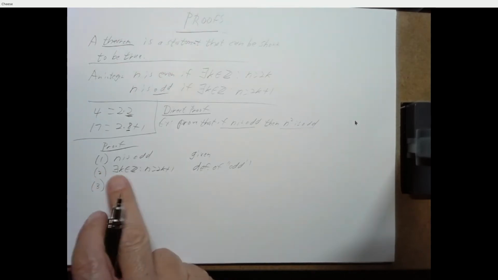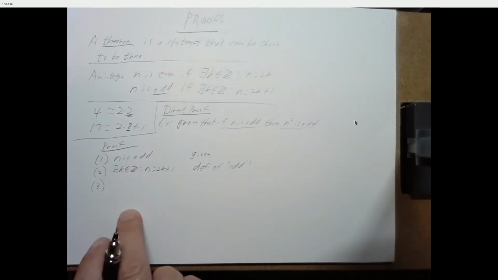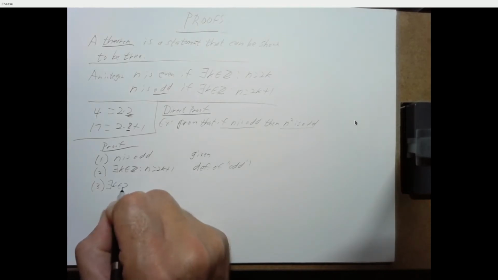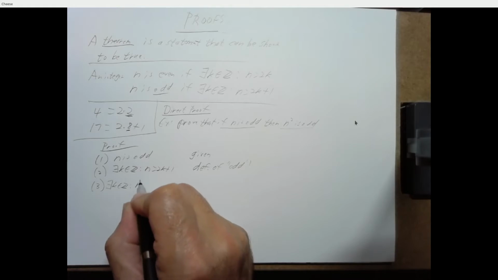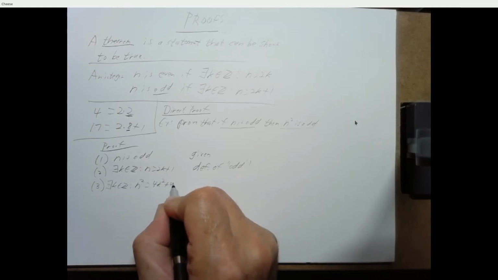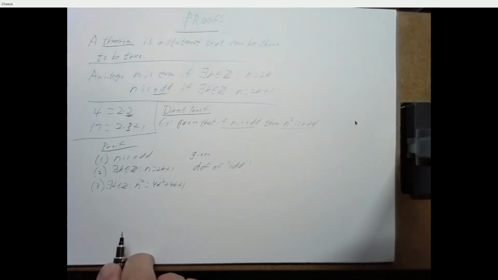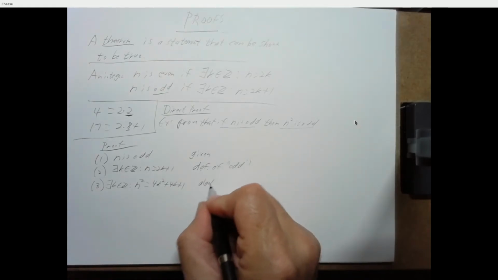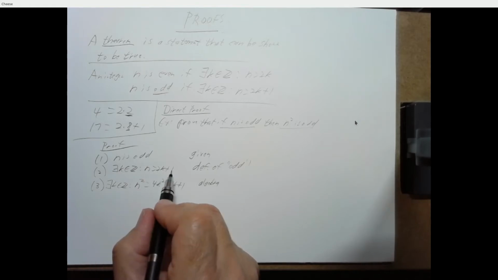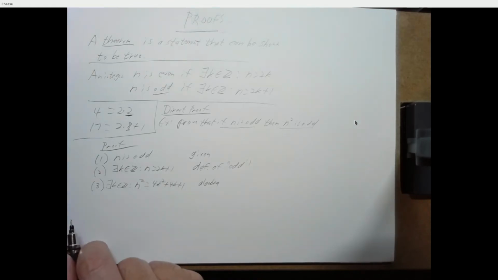Well, if there exists a k such that n equals 2k plus 1, then n squared equals 4k squared plus 4k plus 1. And that's just algebra. Since n is equal to this, n squared is equal to this thing squared. So 4k squared plus 4k plus 1.